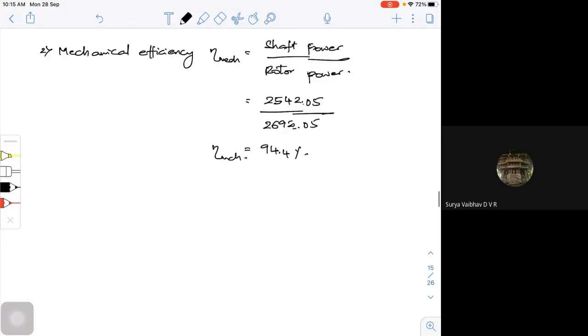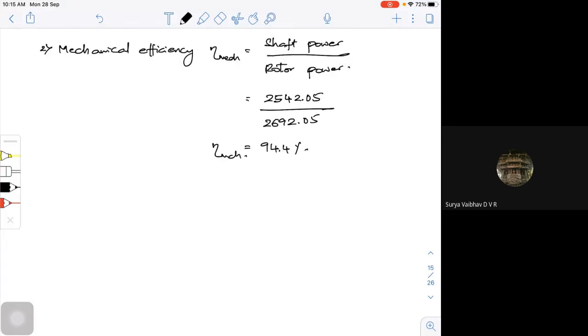Then what is my overall efficiency? The overall efficiency is the ratio of your shaft power, which is at the exit, to the available power with the fluid.